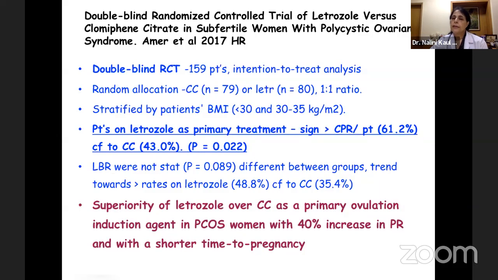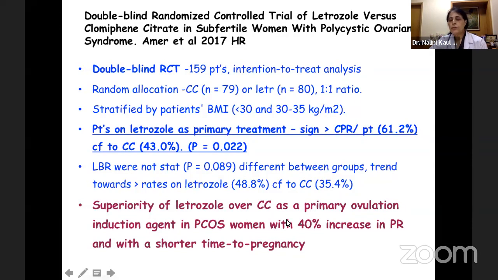Another double-blind randomized trial, letrozole versus clomiphene citrate, was done in 2017. And again, people who were on letrozole as primary treatment showed significantly higher clinical pregnancy rates, and the superiority of letrozole over clomiphene was proven.